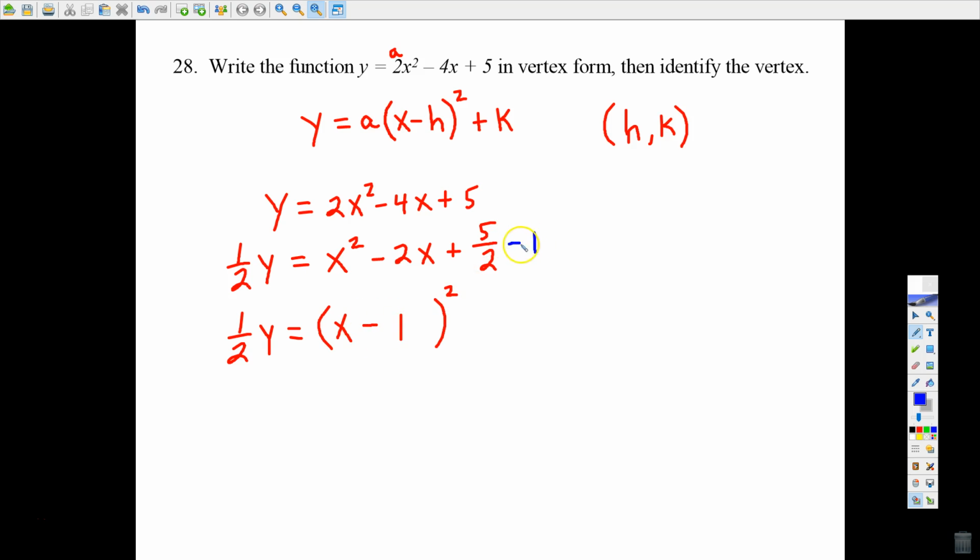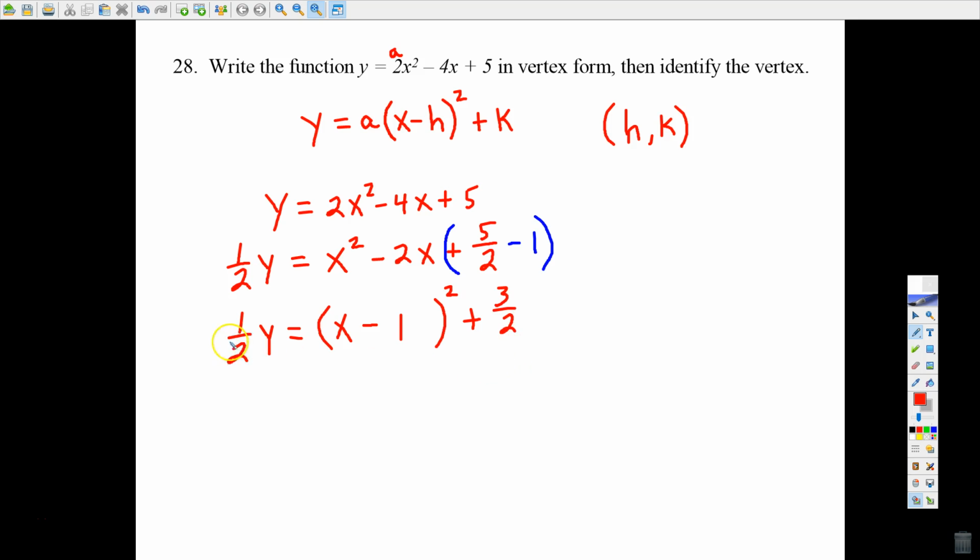You're always subtracting from the end of the standard form whatever this number in the parentheses squared happens to be. So you always subtract, and now you're going to be able to put these together, these two constants. If you put those together, think of this as 2 halves. 5 halves minus 2 halves is 3 halves.